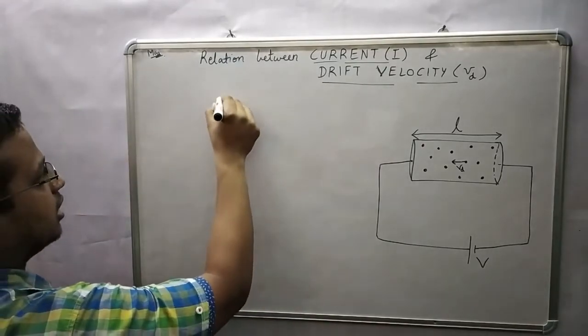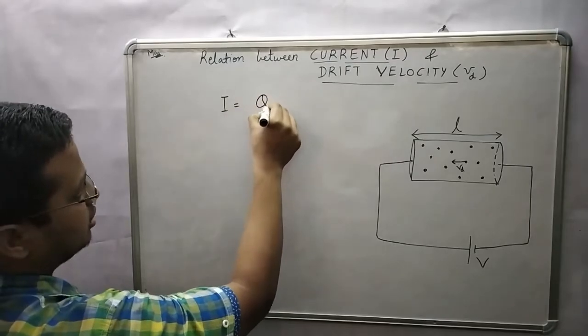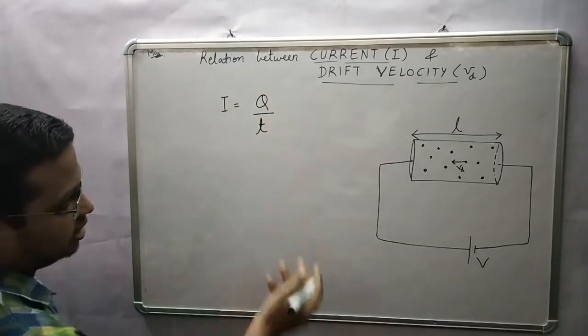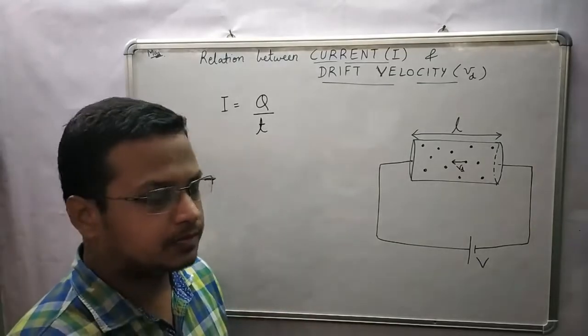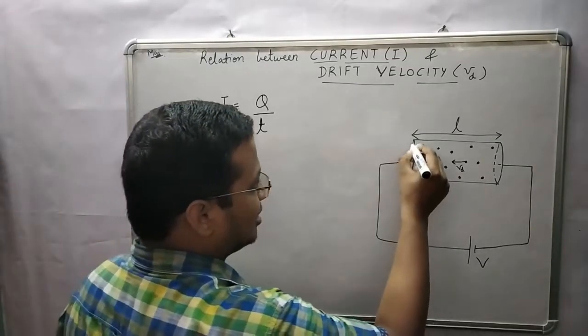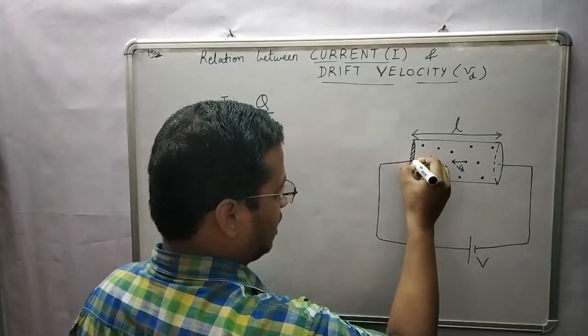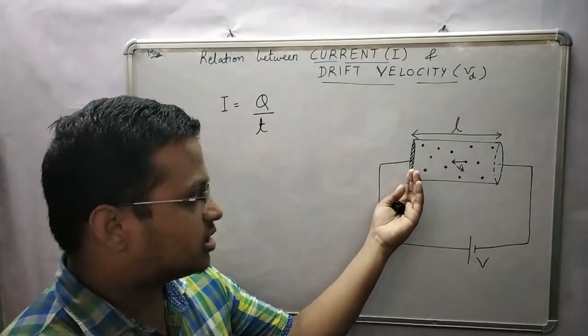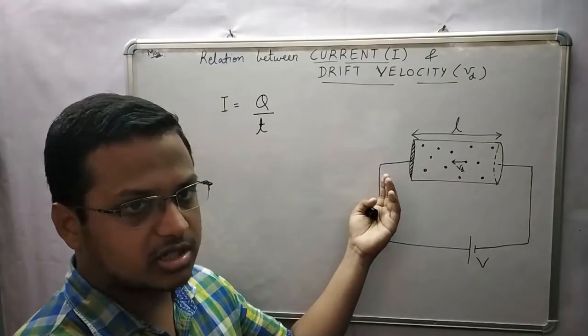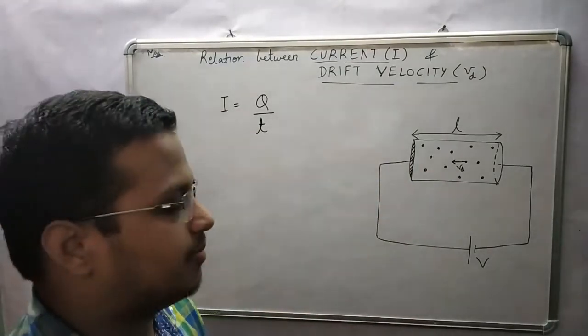As you know, current is equal to charge flowing through a cross section divided by the time taken for the charge to flow. So let us consider this cross-sectional area, and we will calculate how much charge is flowing through this cross section in what amount of time.